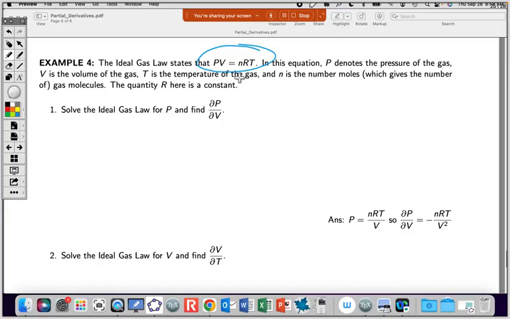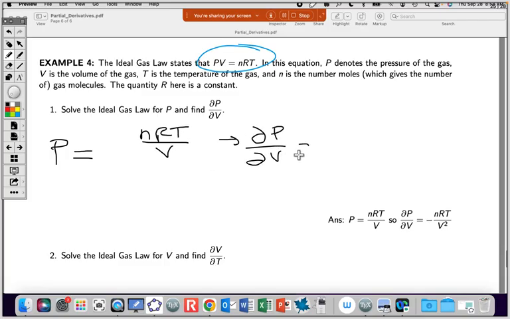Well, this is a relationship that describes several functions of several variables. So for example, if I solve the ideal gas law for P, that's nRT over V, I could take the partial derivative of P with respect to V. That treats everything else as a constant.